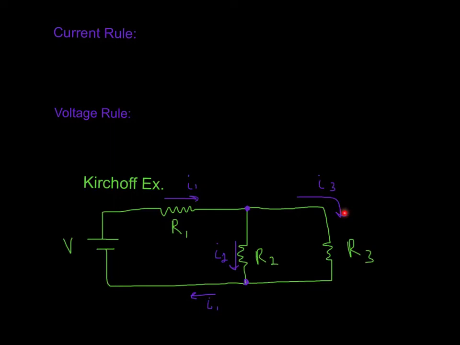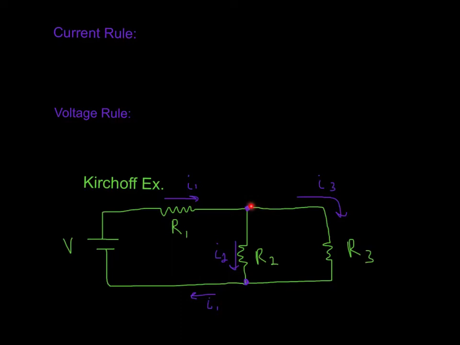Let's start with the junction rule, and we'll start at this junction here. The junction rule, again, is that the sum of the currents going into the junction is 0, or you can also say that the sum of the currents going into the junction must be the same as the sum of the currents going out of the junction. Let's look at this one right here. You can see this one is simple. We can write I1 is equal to I2 plus I3.